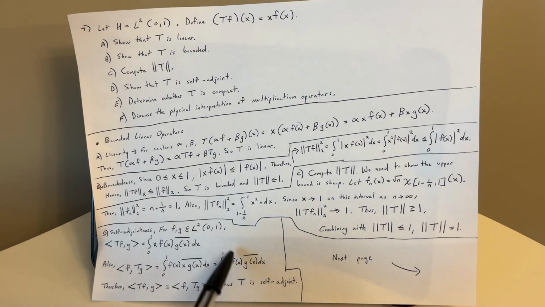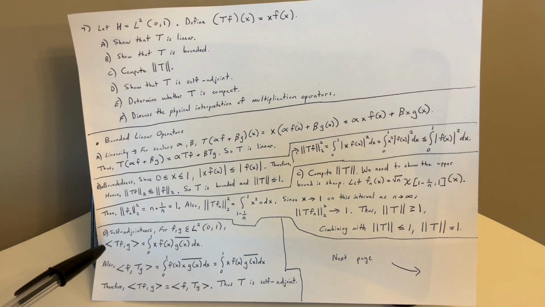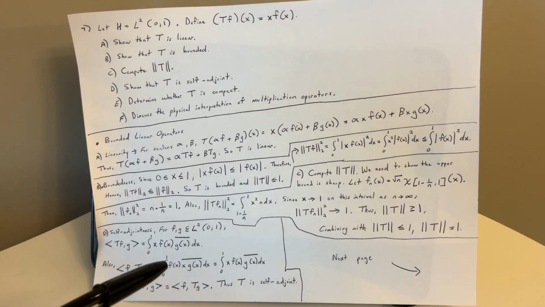For part D, the self-adjointness. For f, g elements of L2 from 0 to 1, the inner product of Tf and g equals the integral from 0 to 1 of x f of x g bar of x dx, and also the inner product of f and Tg equals this integral from 0 to 1 of f of x x g bar of x dx.